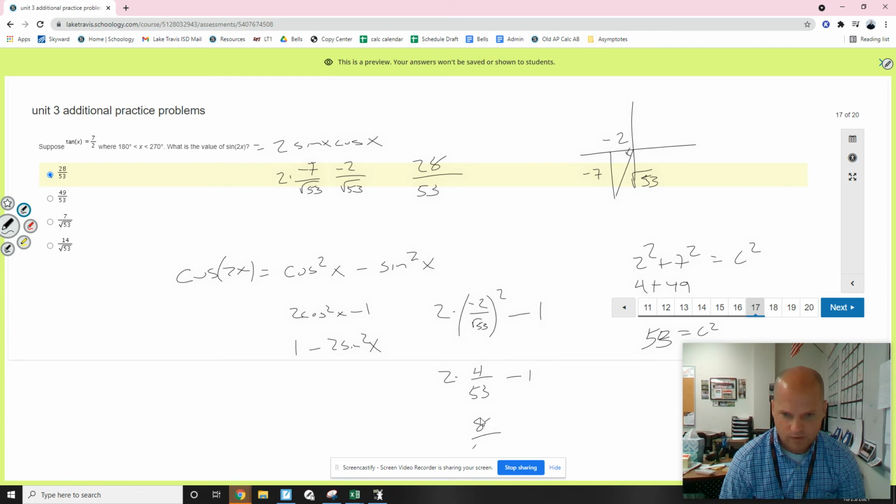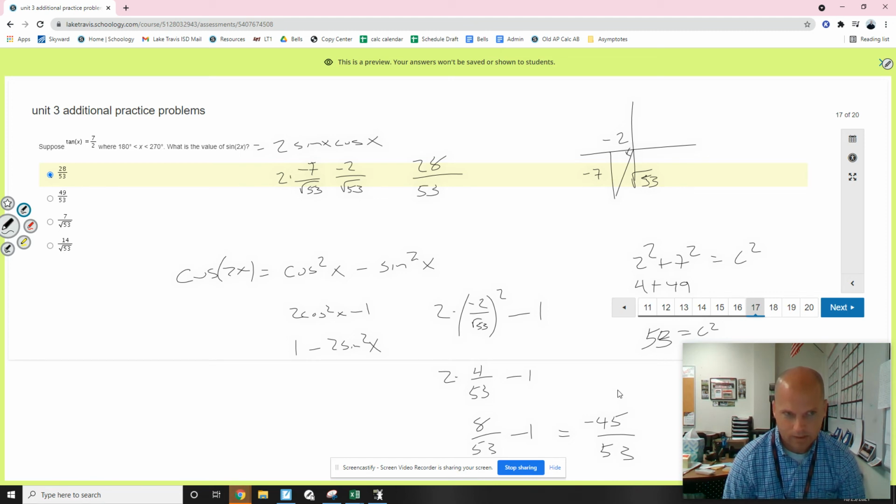This would be 8 over 53 minus 1. 8 over 53 minus 53 over 53 is going to be negative 45 over 53. Okay.